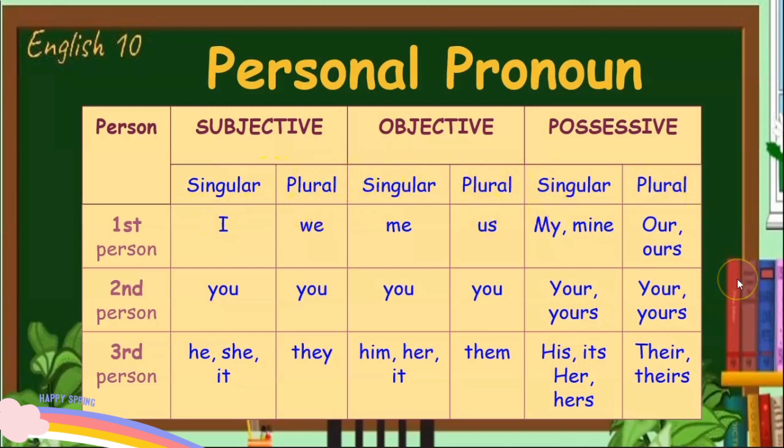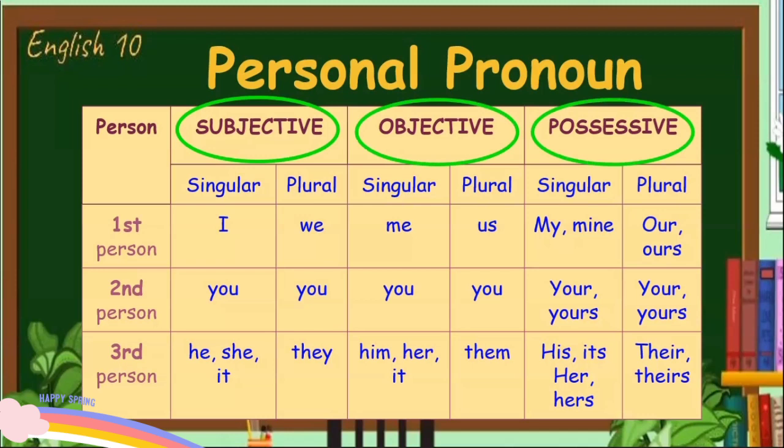It also is categorized under the proper case, whether it is subject, object, or under possession. I also have grouped it based on its person, if it is considered as first person, second person, or third person. This chart will be a great help for you guys.